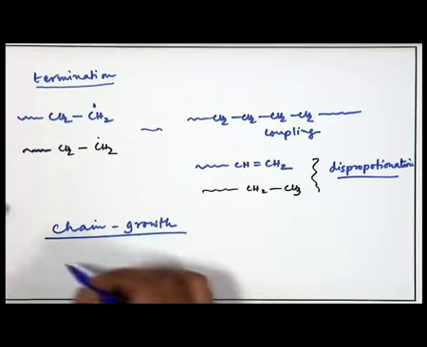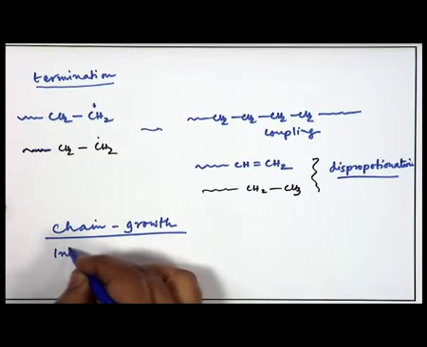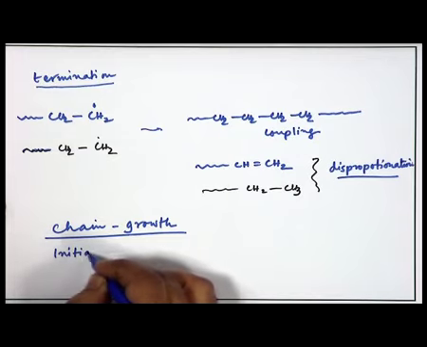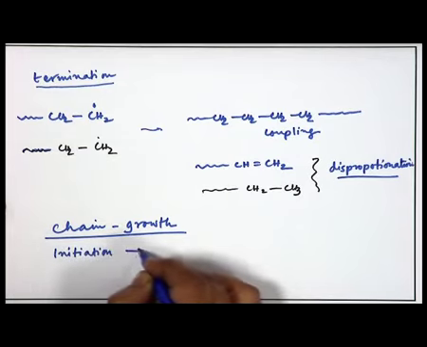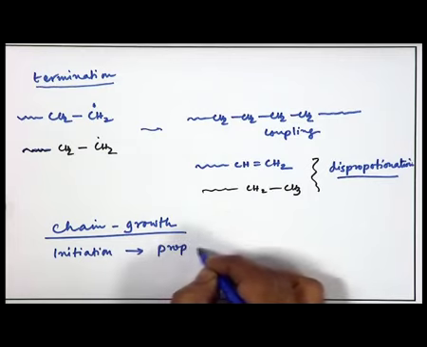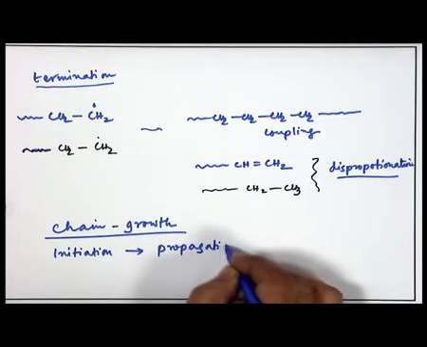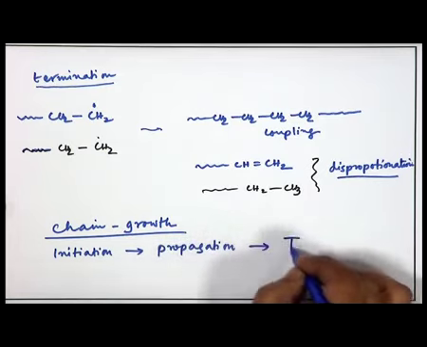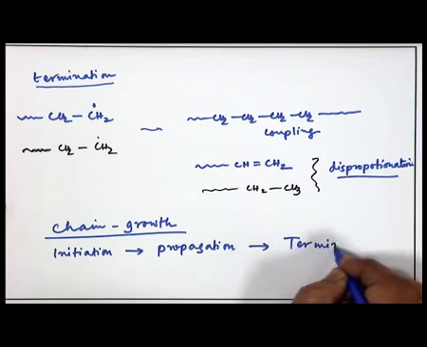So, basically the polymer is produced as chains are growing, and mechanistically it contains three steps: initiation, then propagation, and then termination.